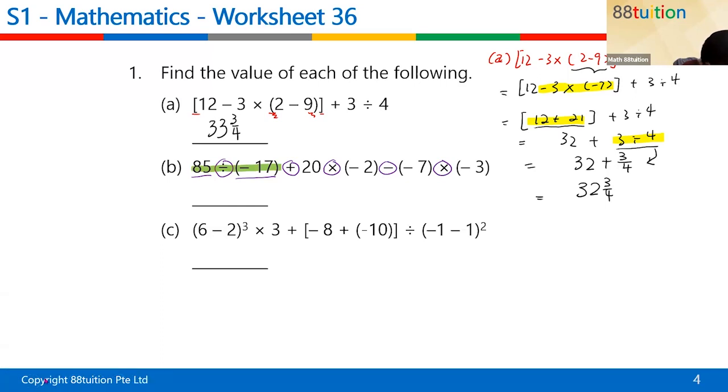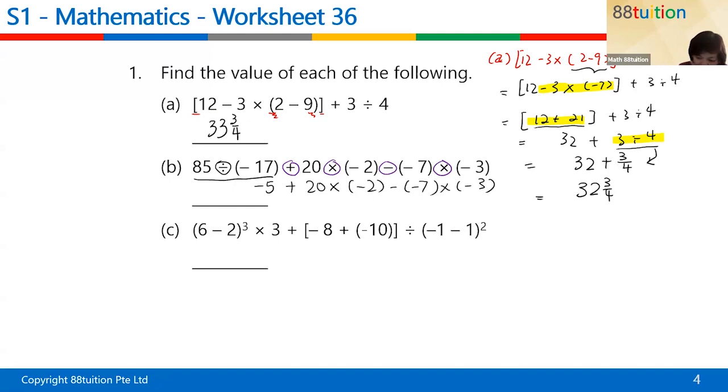85 divided by 17, but it's negative. So be very careful. This one itself will give you something called what? Negative 5. So I'm going to write this down: minus 2, minus, and this. Now I have to do the multiply first.